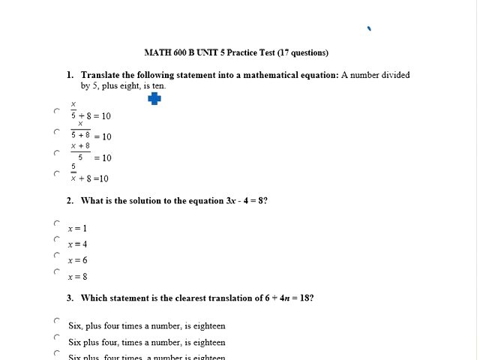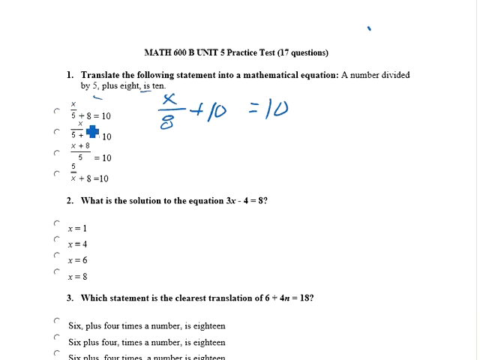So "is" always means equals. I'm going to use x as my number, divided by 8 plus 10, because then there's a comma.